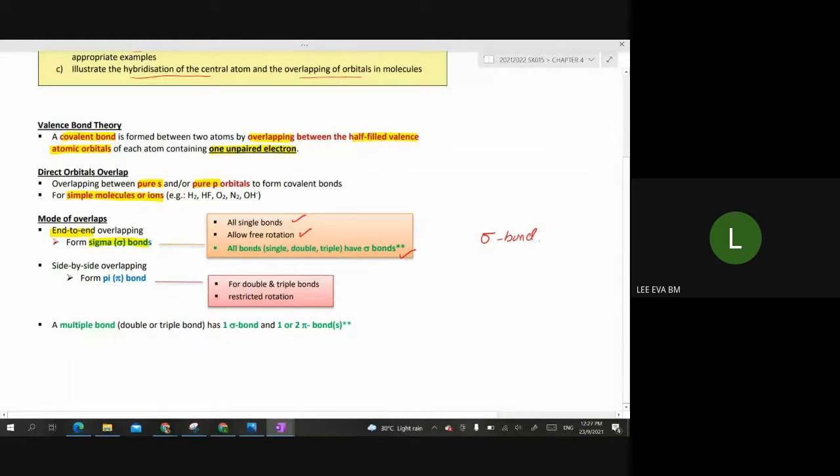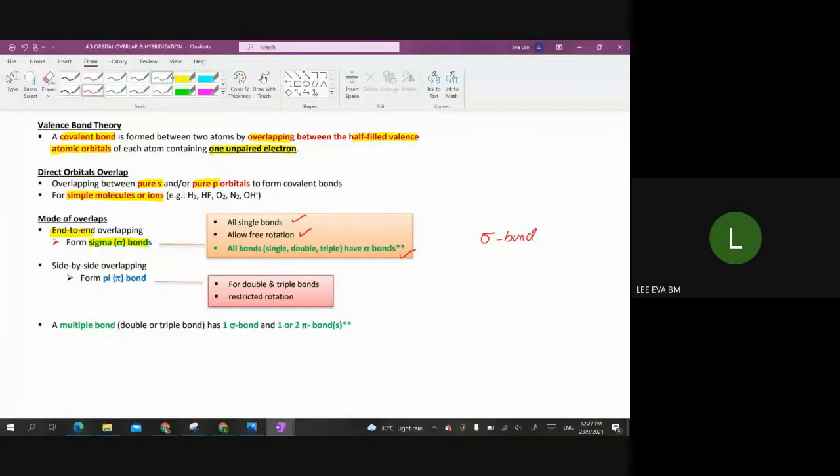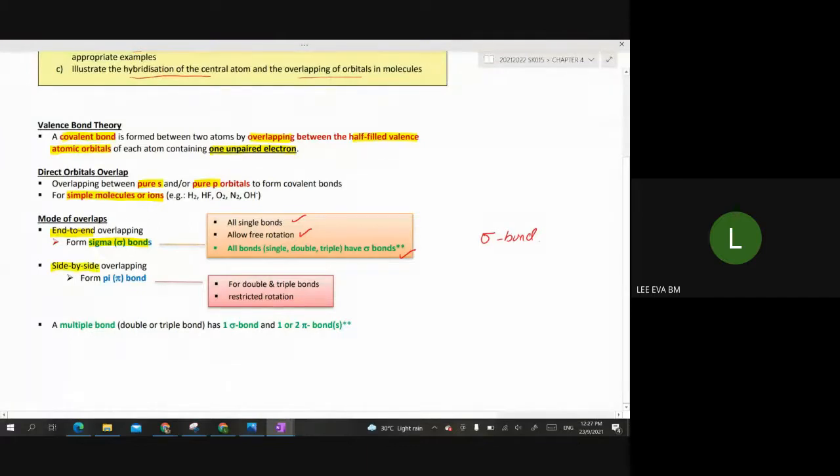This is free rotation. Okay, but when we come into pi bond, okay, pi bond is overlapping side by side. Sebelah, dia bukan end to end. Kena asingkan end to end overlapping and also side to side overlapping. Okay, so side by side overlapping. Madam tunjuk contoh lah.